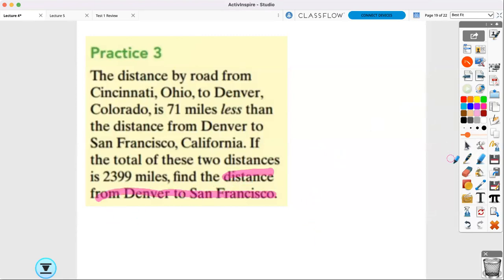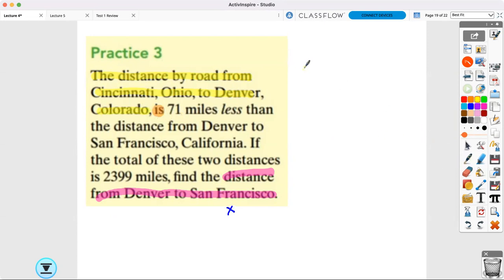That is our x. So wherever we see that in an equation, we're going to be putting x. So now let's go ahead and read the first part of the problem. The distance by road from Cincinnati to Denver, Colorado. And then we have the word is.